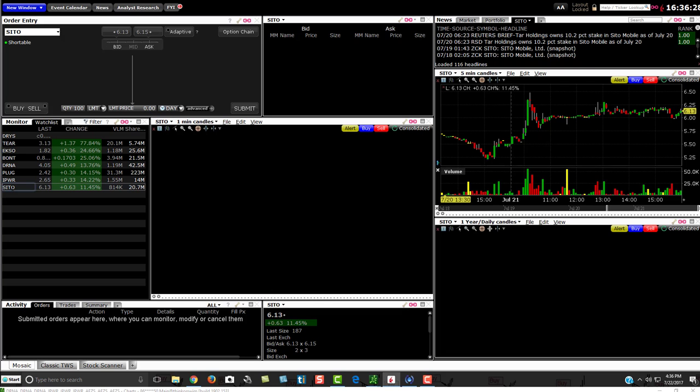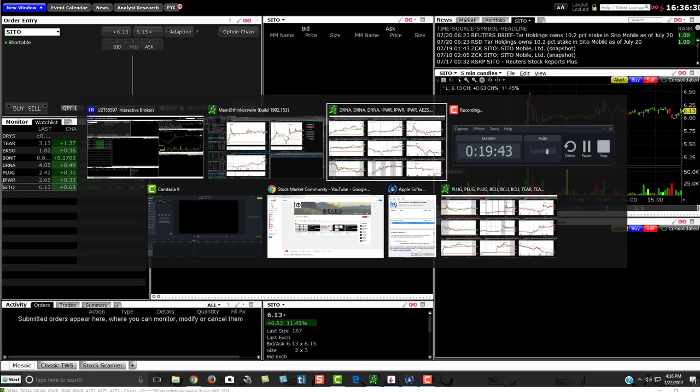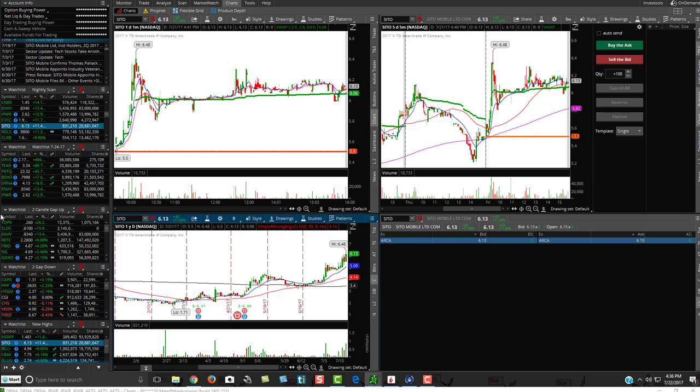Yep, so there's shares to short available there. Let's take a look at that one. So SITO should be under 20 million float. It's moving up here. Again, one I can play either way. So I'm going to put that on my one to watch for Monday.